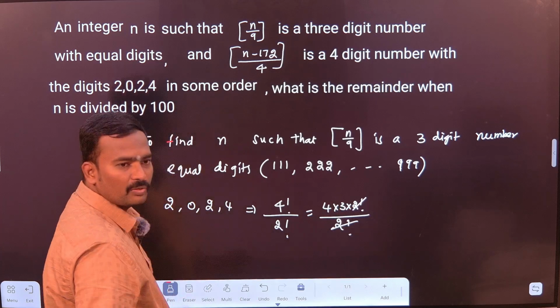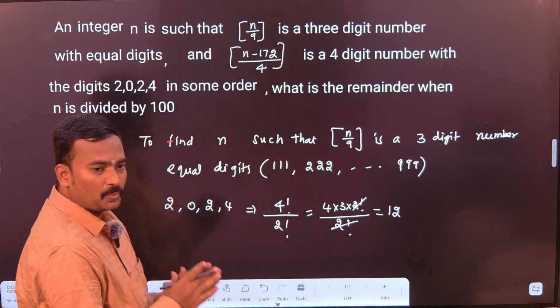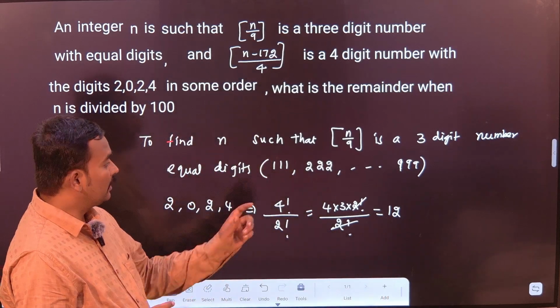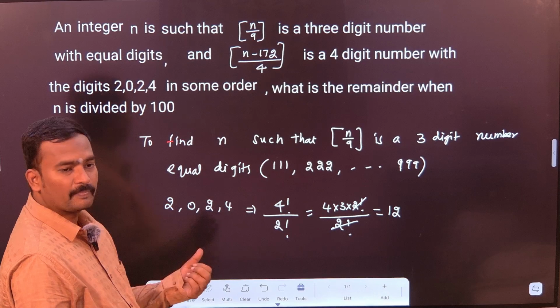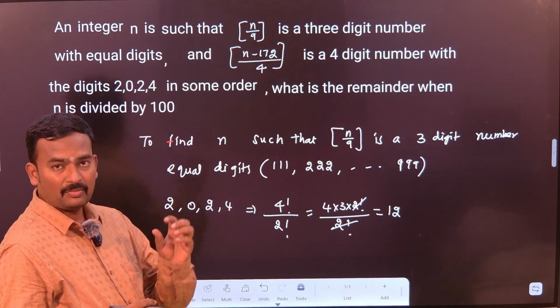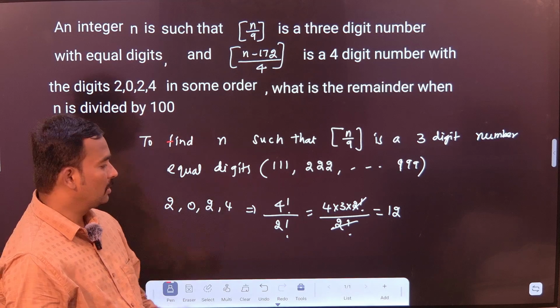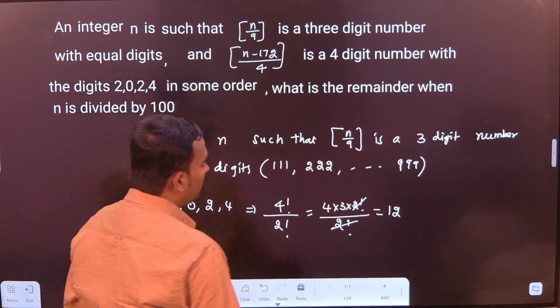The 2 factorial cancels out and you get 12. 12 numbers are possible, but 0 is also involved here. Therefore, you cannot include 0 in the first place. If you include it in the first place, it cannot be a 4-digit number.